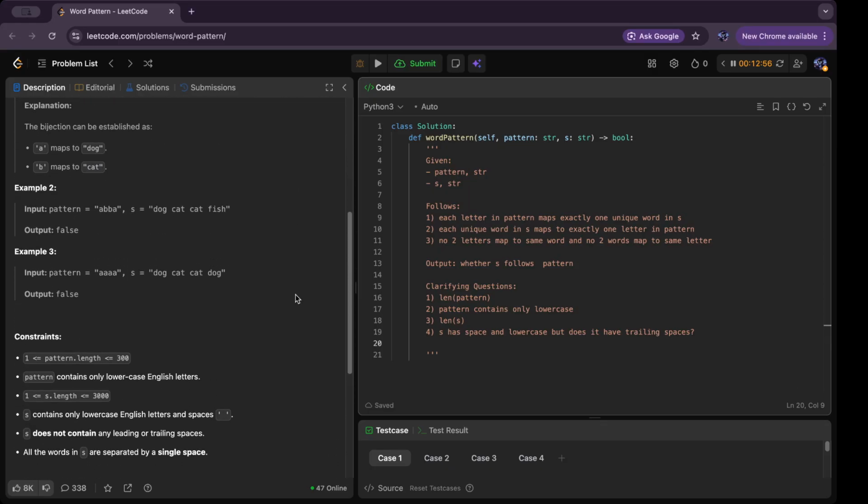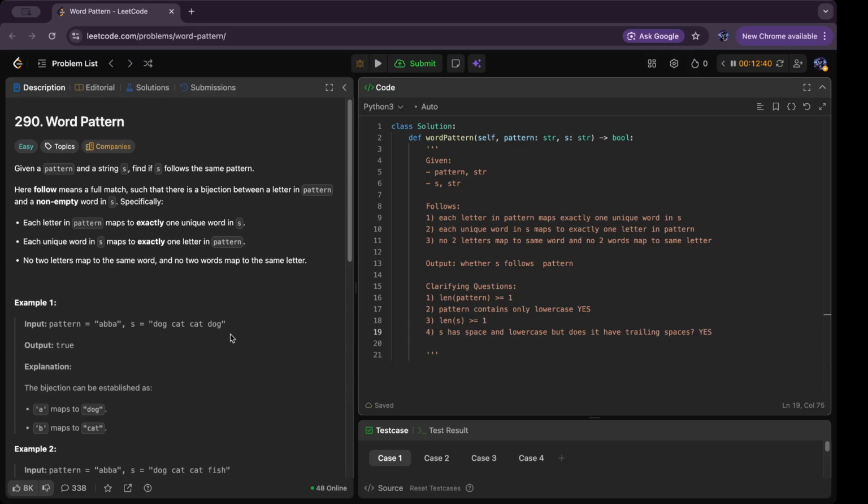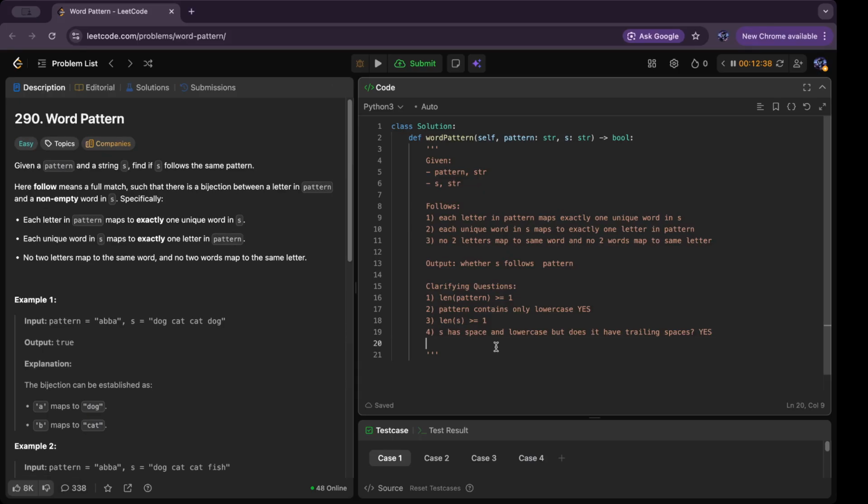Okay, so it's more than one word. Yes. All words in s are separated by a single space. Okay.